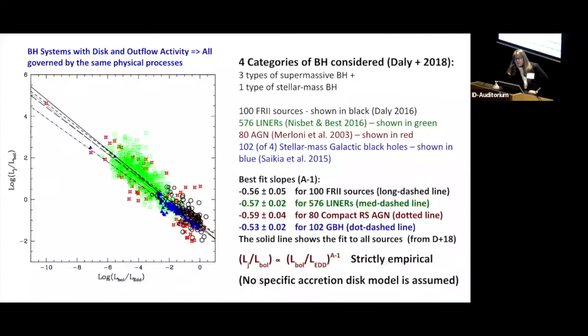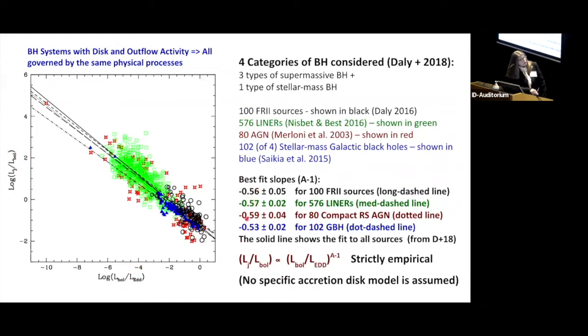Using those empirically determined ingredients, we found, myself and 2 undergraduate students in 2018, that all 4 samples, shown here in different colors, independently line up on this diagram where I'm plotting the beam power over the bolometric luminosity of the disk versus the bolometric luminosity of the disk in Eddington units.